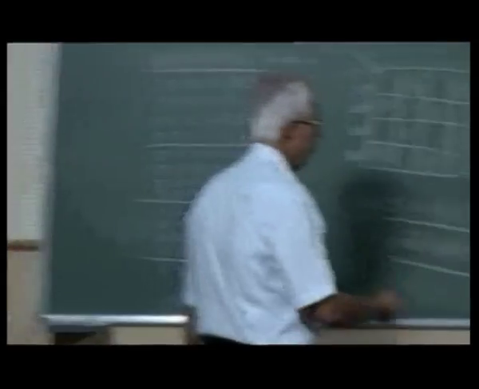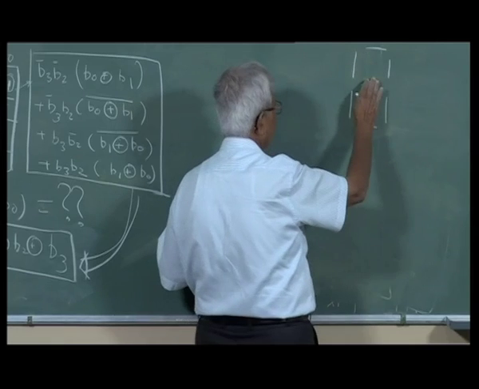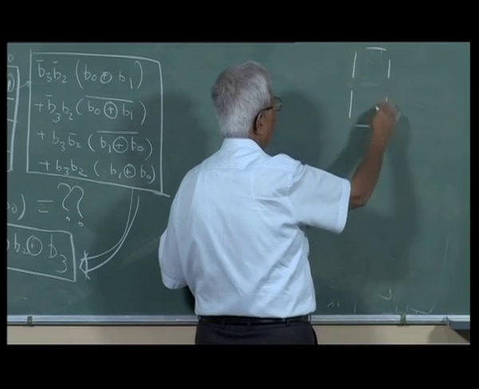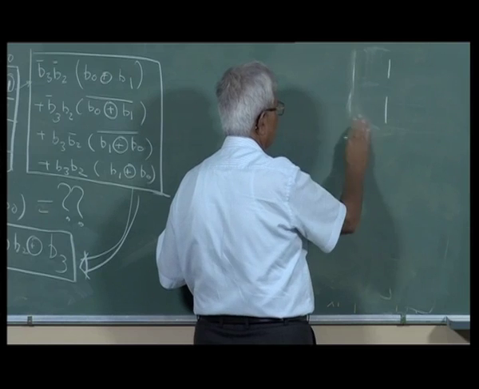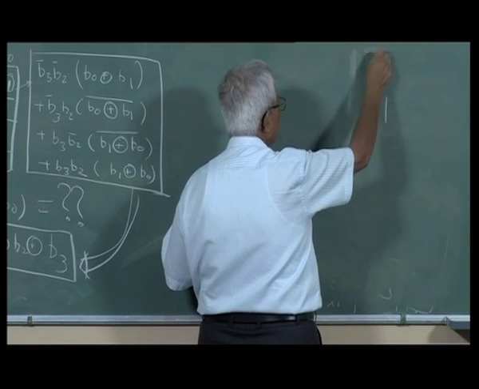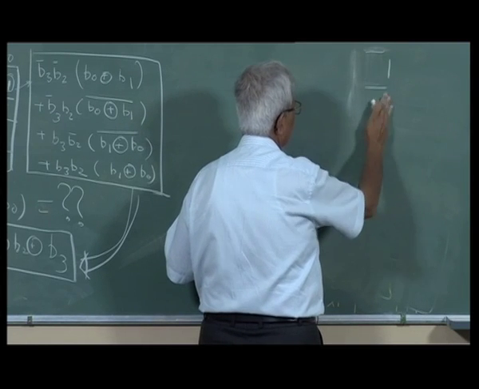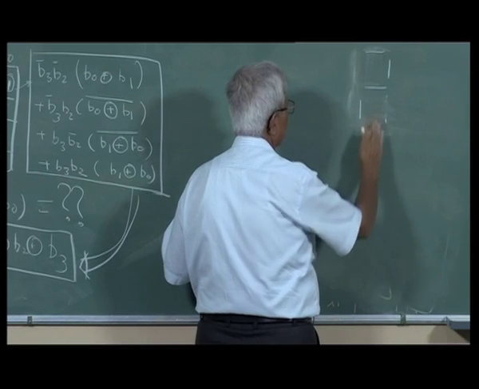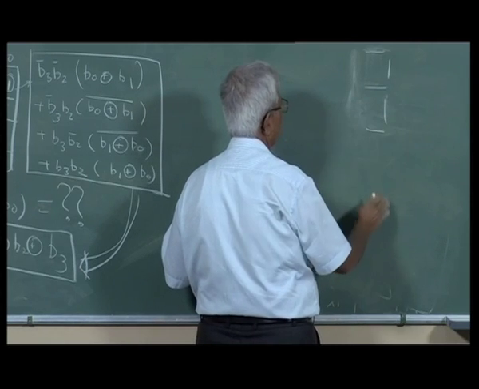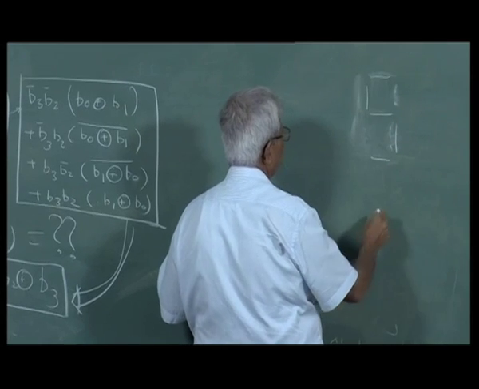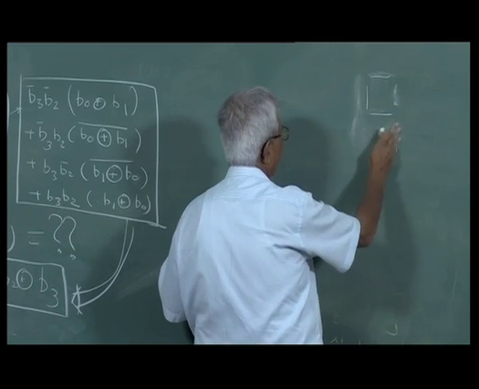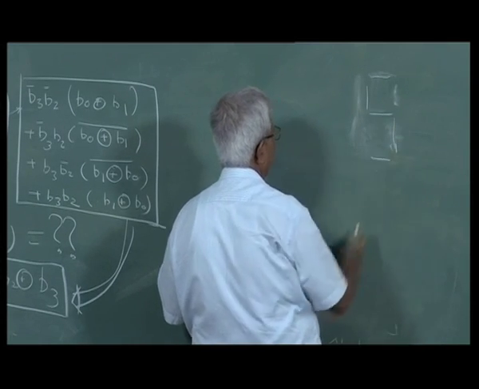I can have 0 to 9 on this. 0 can be this without this, 1 is these two, 2 is this, 3 is this, 4 is this, 5 is this.